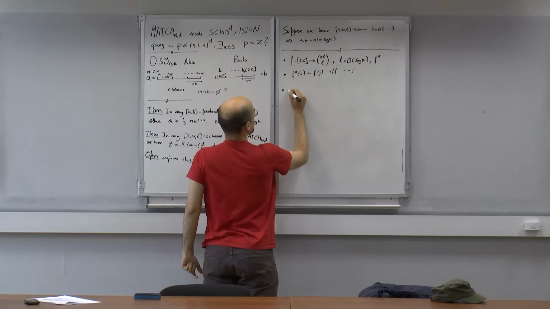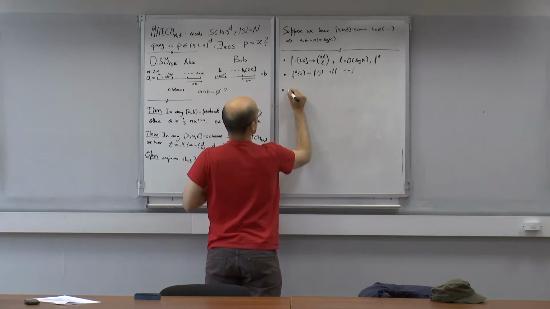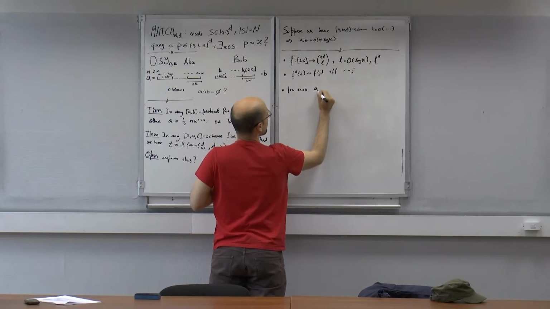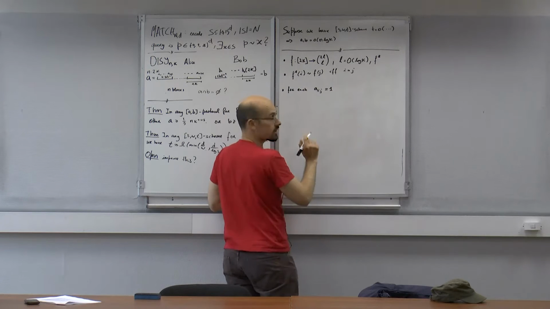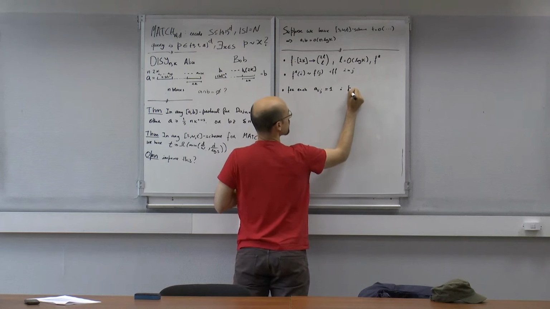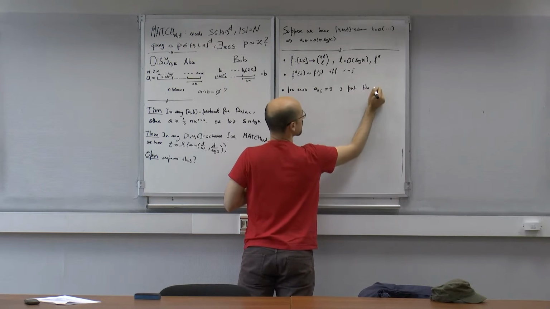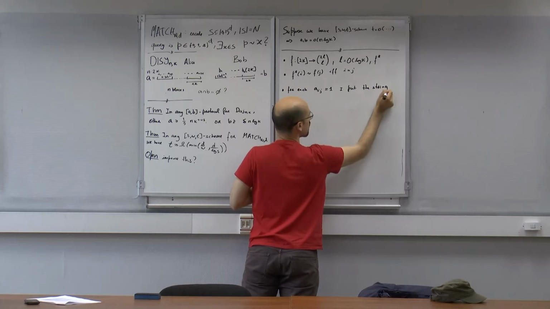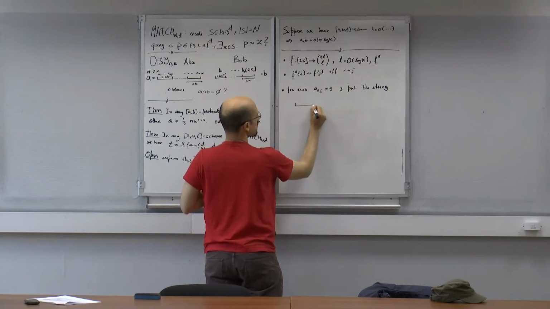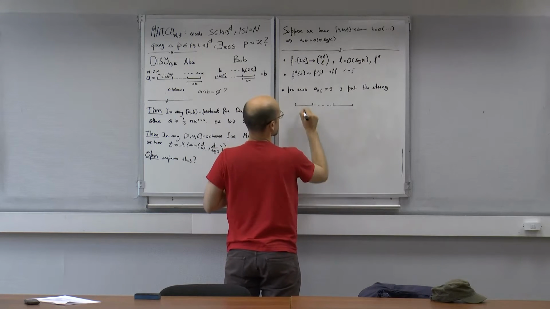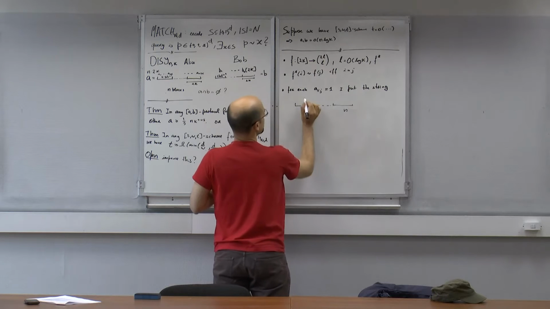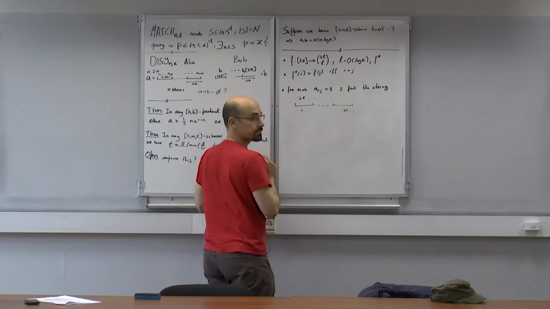I go over Alice's input, and for each aij which is equal to 1, and only for those equal to 1, I put the following string into S. It's a string with n blocks, 1 up to n, and in each block I have 2l bits.